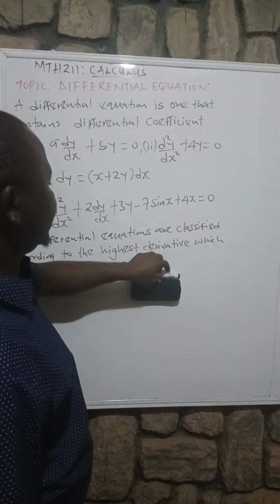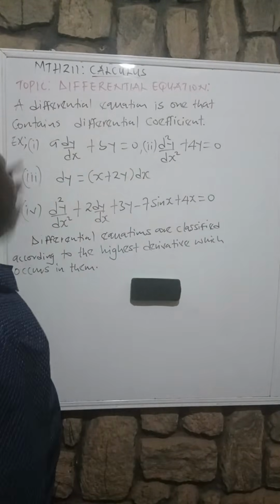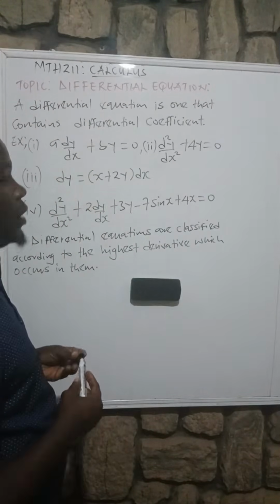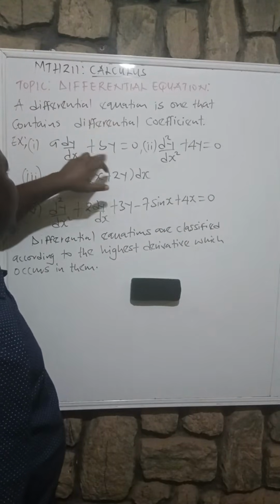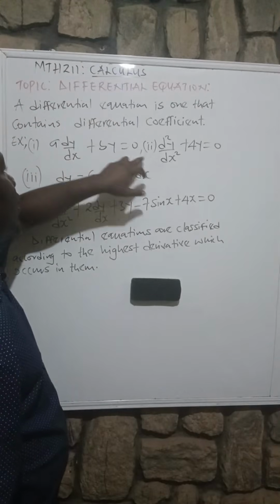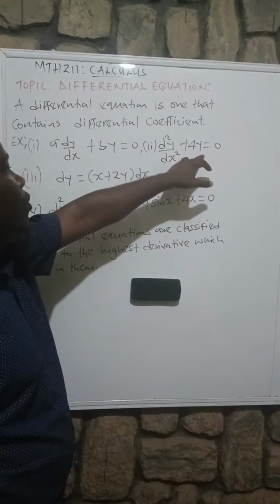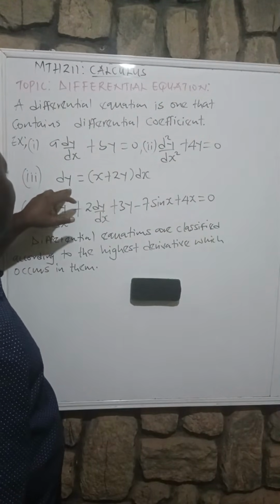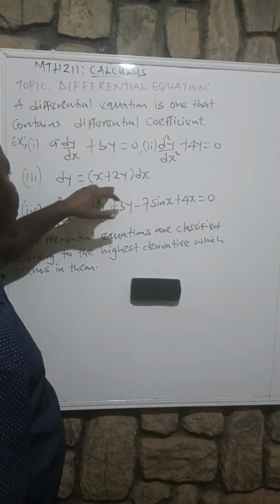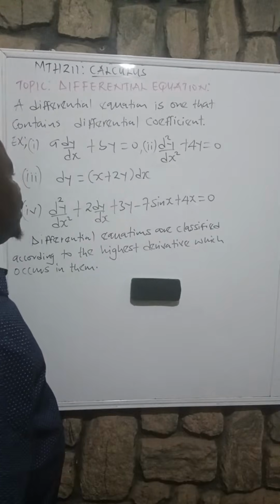Example, as you can see, example I, you will see with me that we have here dy over dx plus by equals to 0. II, d square y over dx square plus 4y equals to 0. III, dy is equals to (x plus 2y) dx.